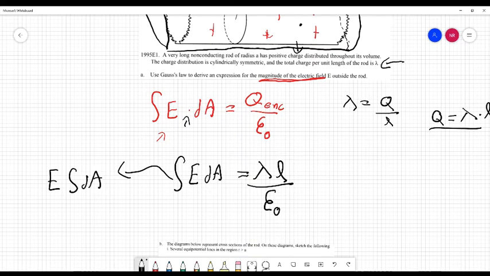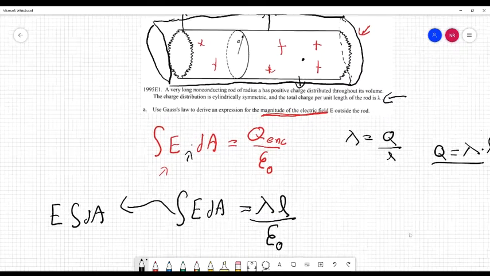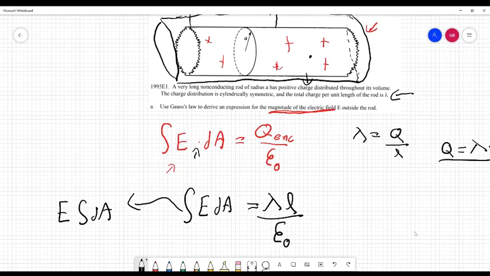And the integral of dA will just be the surface area of the Gaussian surface that we will be taking into consideration.